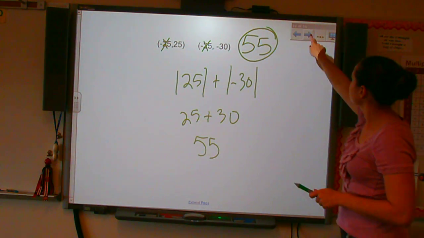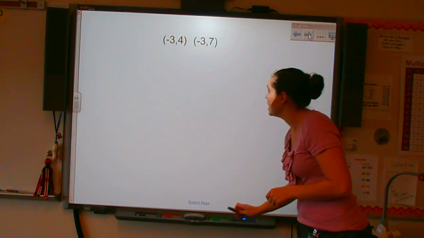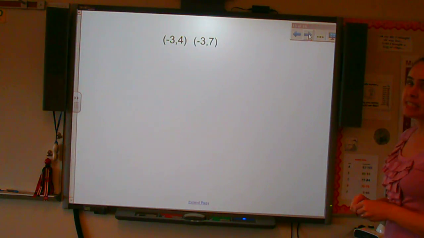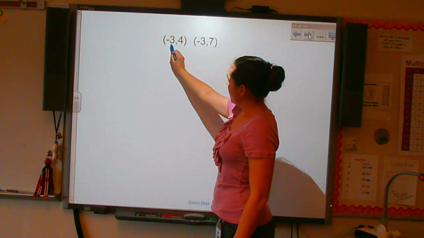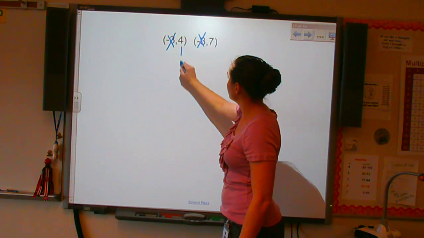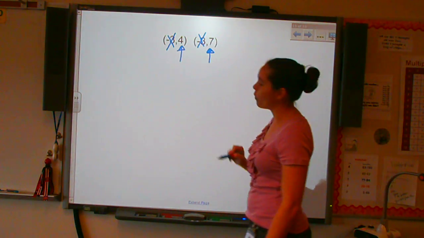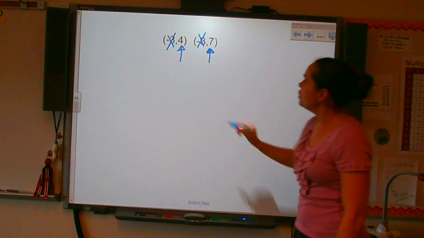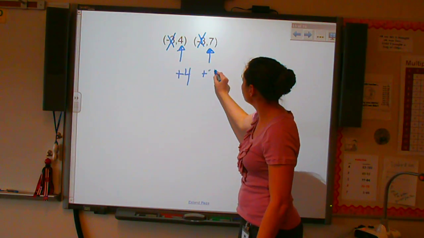Okay. Let's look at another example. We have -3, 4 and -3, 7. Okay. So now our x values are the same. They're both -3, so we don't need to concern ourselves with that. We want to look at the values in the two ordered pairs that are different. We have 4 and 7. Okay? Notice that the 4 is positive, the 7 is positive.